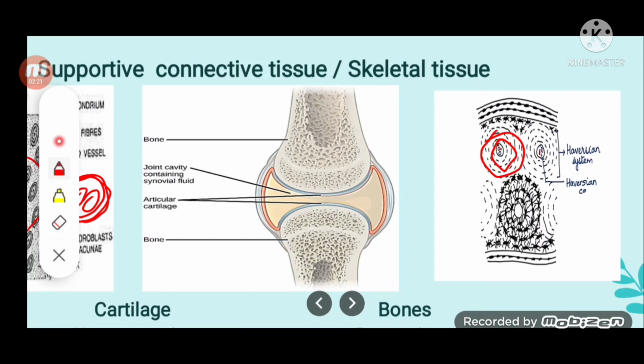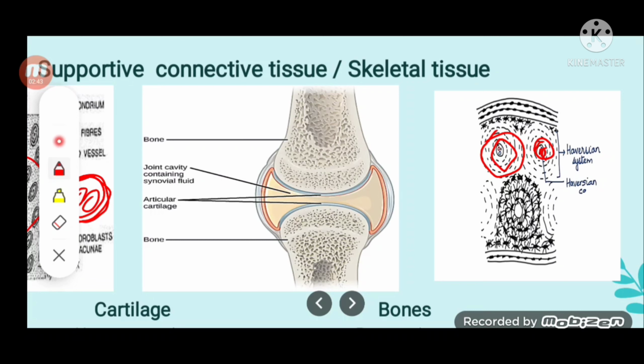So here the matrix will be present in concentric layers around a circular canal. You can see here at the center the circular canal is located. This central canal is called the Haversian canal, and along with this matrix they will be called the Haversian system. So this is about the transverse section of a bone.